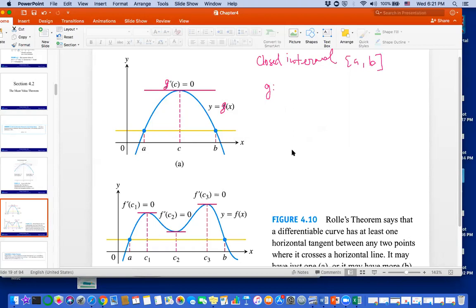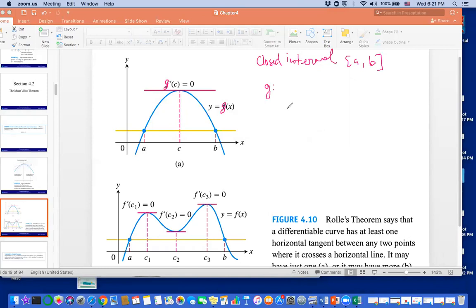Okay, what can you tell me about this G, just from the looks of it? Some nice words that you can say about this function. "It has no derivative at C." Oh my God, that is just so wrong. Who said that? The derivative is equal to 0. Very different.